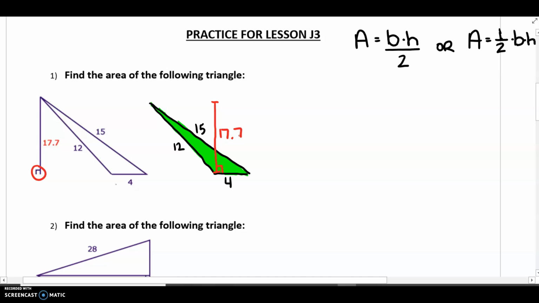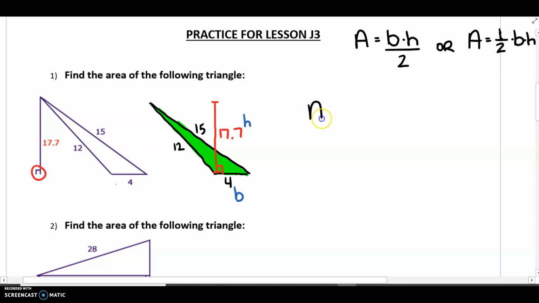And really what that's showing is that the triangle reaches 17.7 tall from that side that's 4. It's perpendicular to that side, meaning 4 is our base, and 17.7 is our height. So they always need to be perpendicular to each other, and the base always needs to be a side.